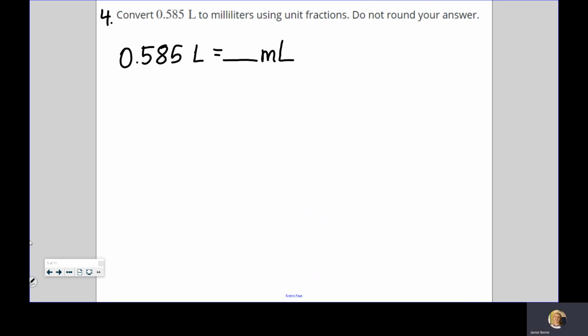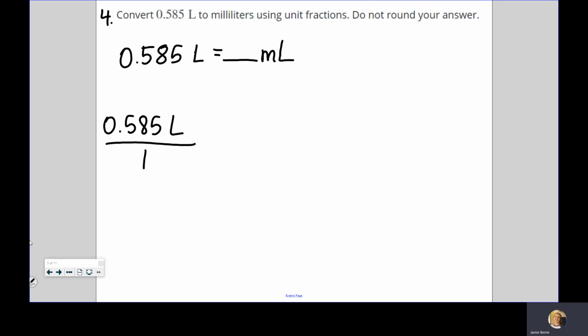And again, we're going to use what we know about those prefixes. We know the prefix milli meant 1,000. So start with what you know. 0.585 liters over 1.